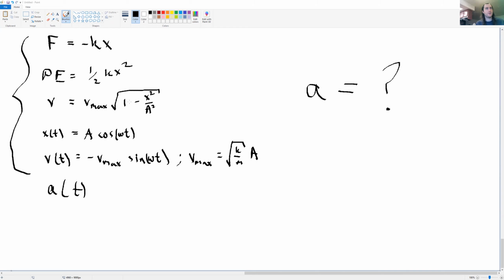And if they are related to acceleration, how are they related to the acceleration?